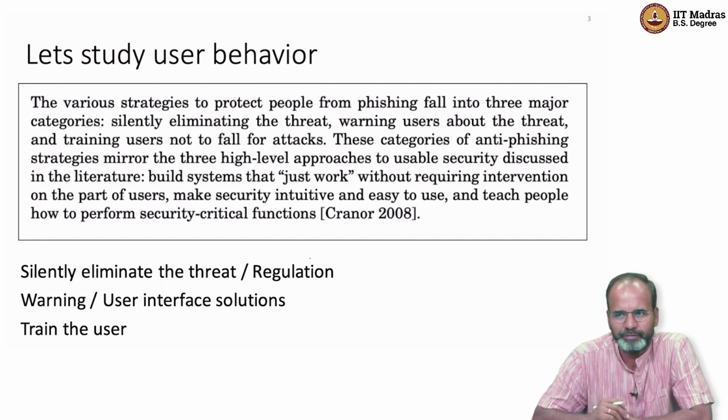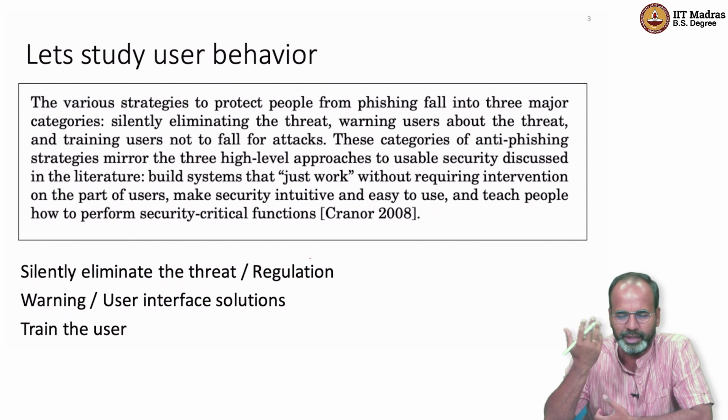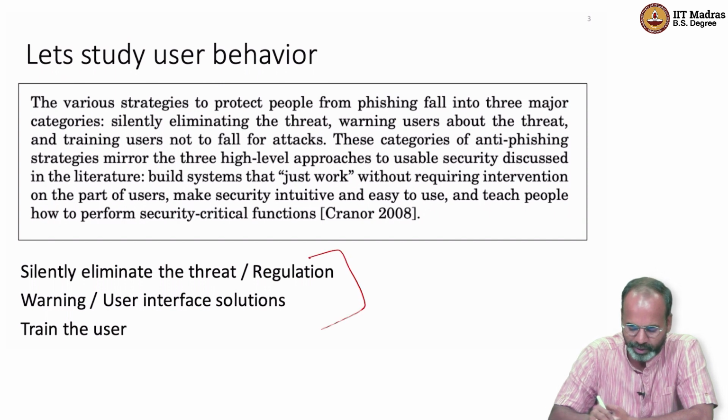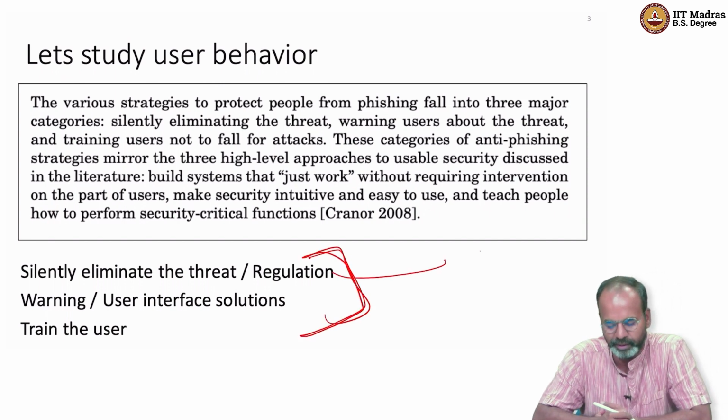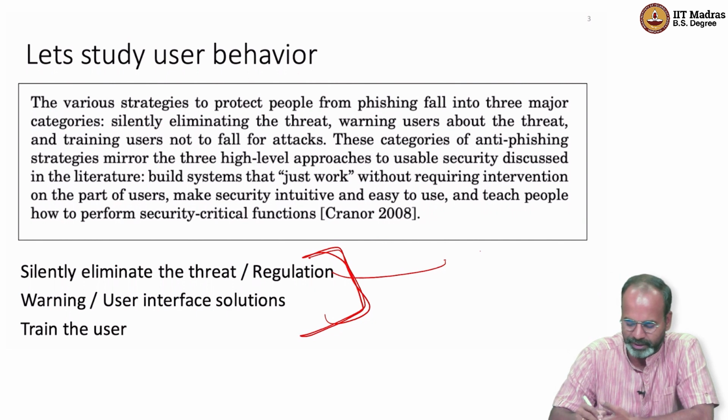Generally, why studying users is important is that when you build any technology, particularly security technologies, there are multiple ways to look at the solutions. One is to silently eliminate the threat. Look, the spam problem is there.